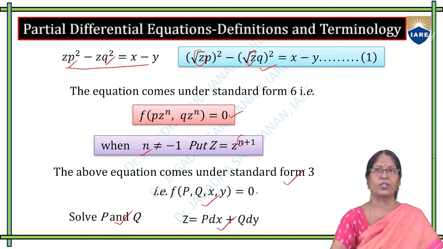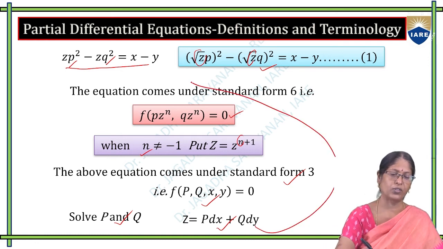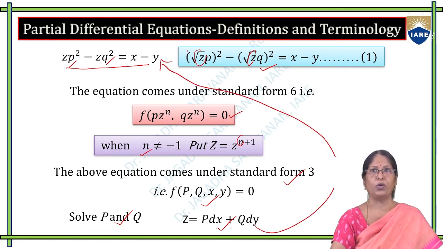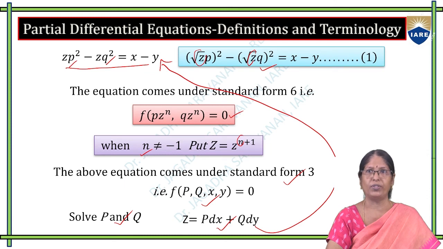Finally, we have to substitute dz equal to p dx plus q dy. Doing the integration, we will obtain the result of our given equation. So the complete solution is done in a separate video.